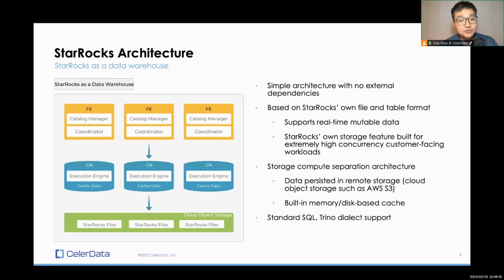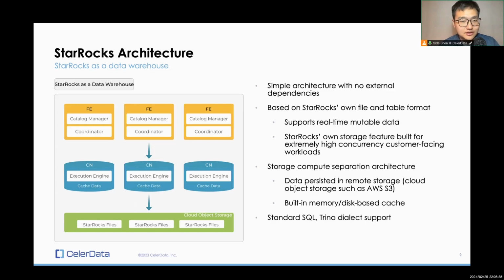The built-in memory and disk-based caching on CN is for query acceleration, so you can get the same performance as a shared nothing architecture.